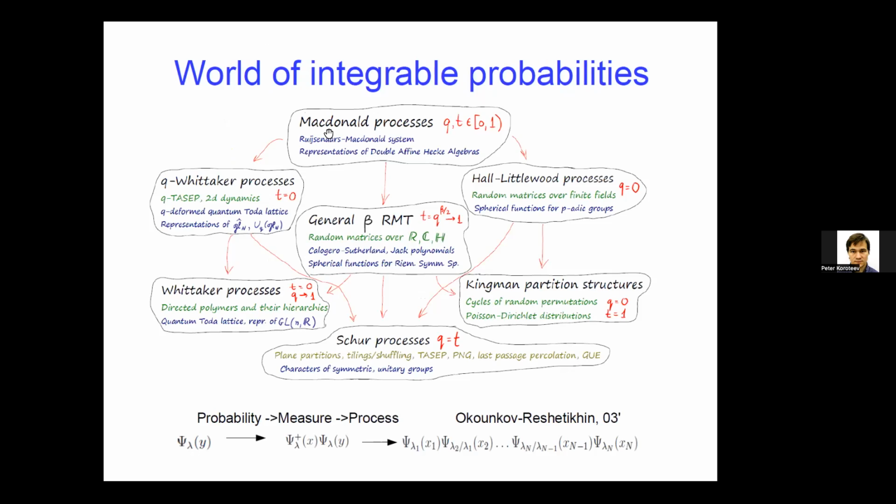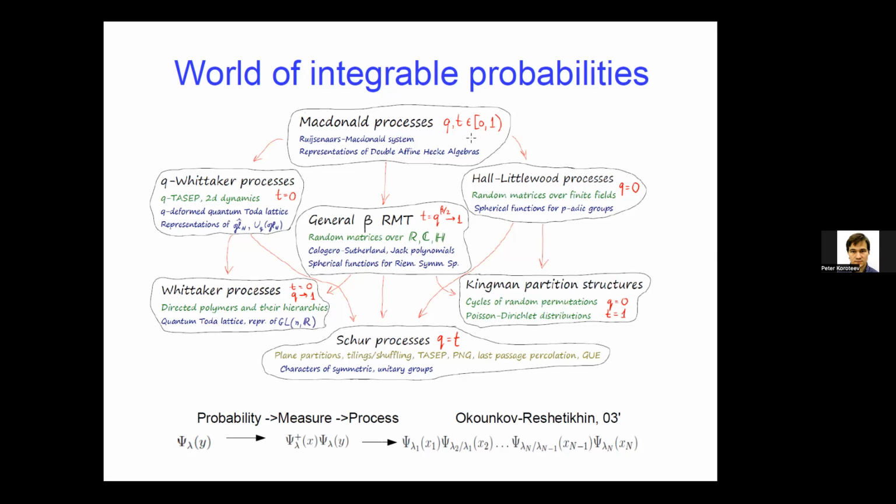So let me say a few words about the general landscape of integrable probabilities. There is one family which has the Macdonald process with two parameters at the top. It can be reduced to the q-Whittaker, generic Hall-Littlewood, and Hall-Littlewood processes.